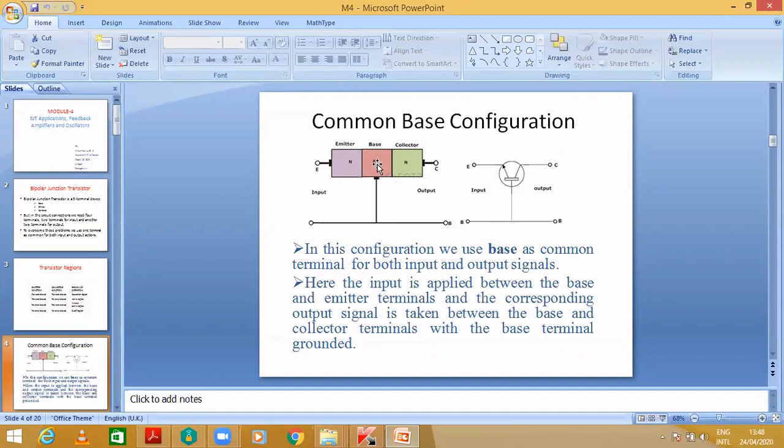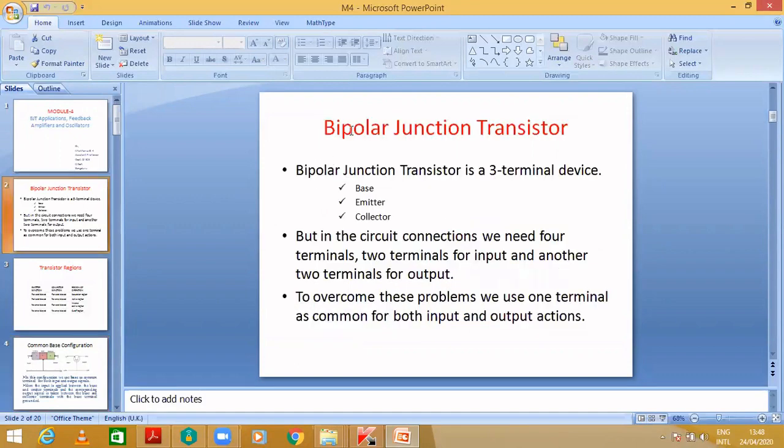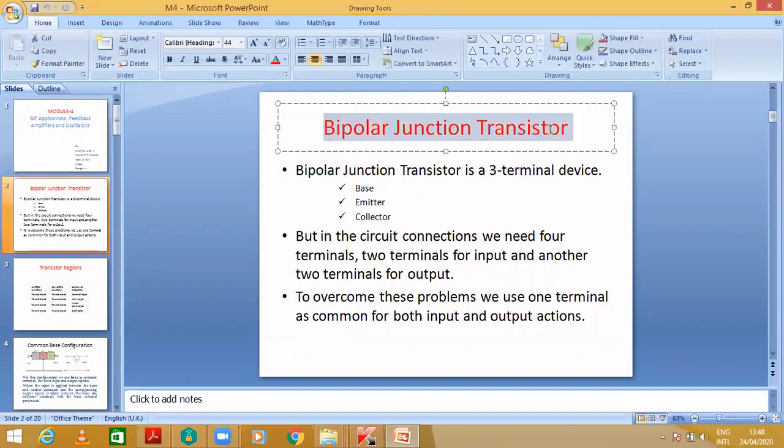Hence it operates with two polarities, and that's why it is named bipolar junction transistor. We have two junctions and work with two polarities.